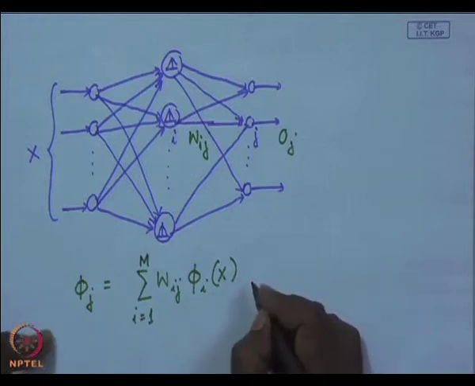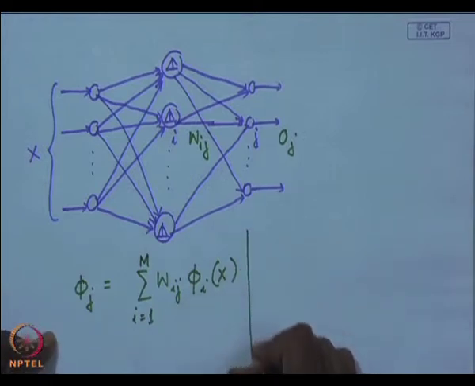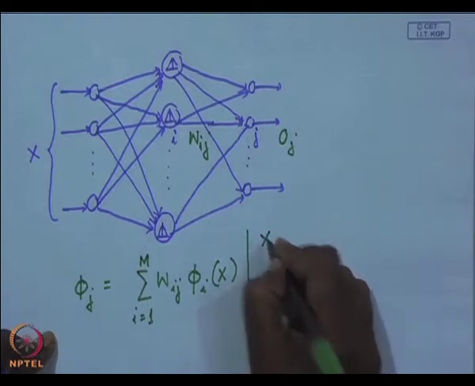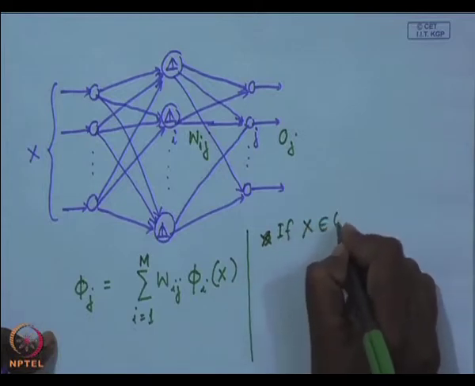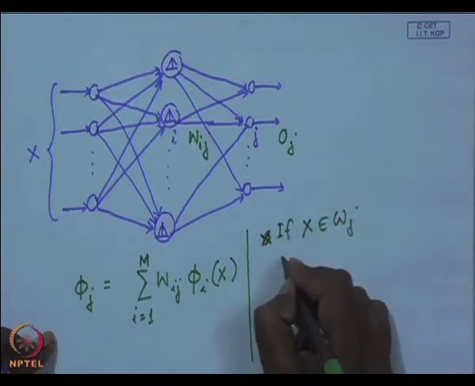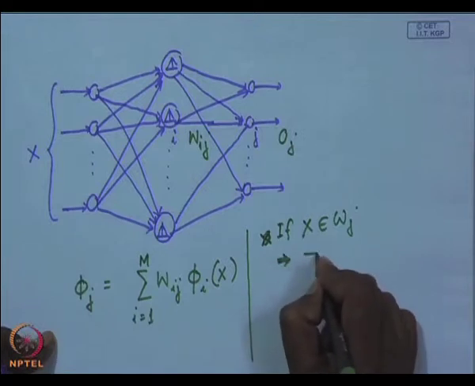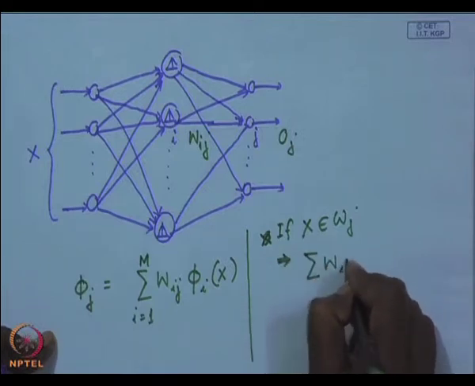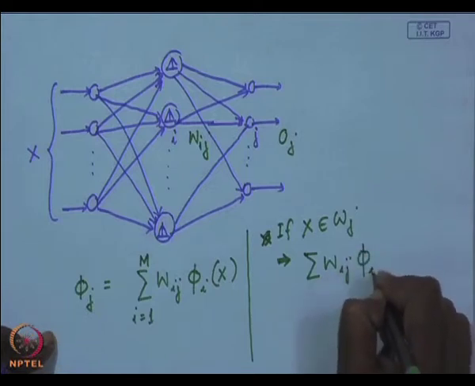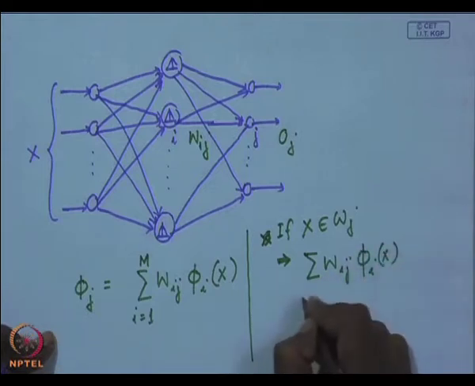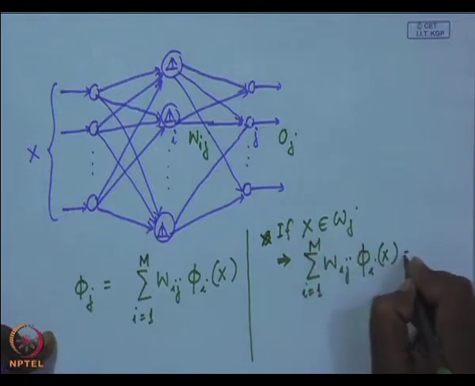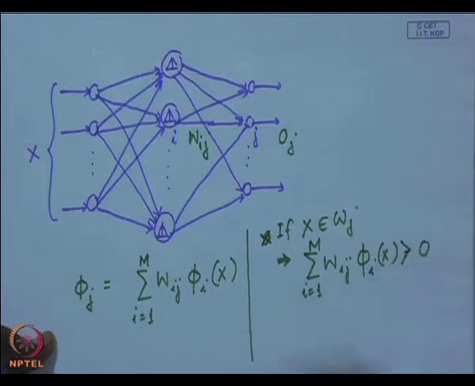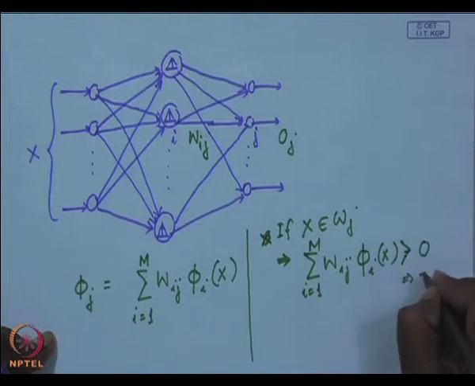And naturally, over here, if this feature vector x belongs to class omega j, then I have to have the sum of W i j times phi i of x, i equal to 1 to m, this must be greater than 0. I will put this as plus 1.